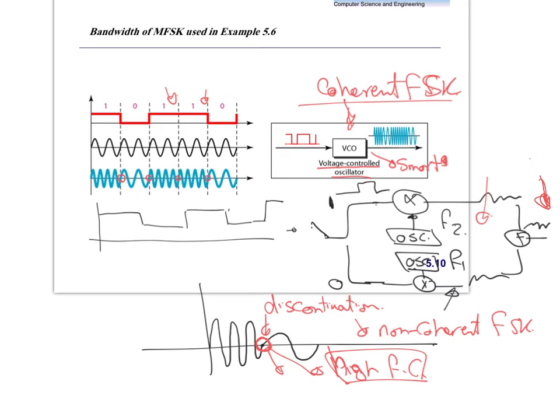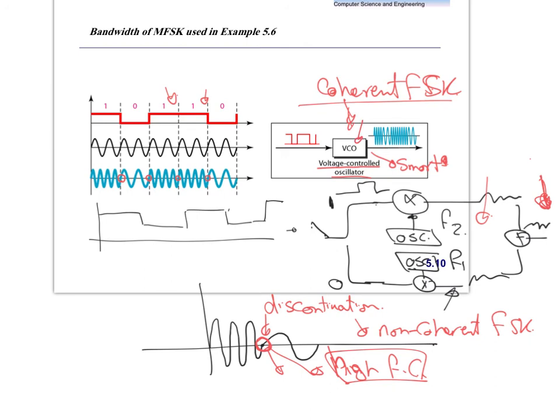So the voltage controlled oscillator is actually a smart circuit that tries to create that continuation, that smoothness in the FSK signal in such a way that it doesn't need any filter at the output of this circuit. Or in other words, you can assume that this filter is already embedded inside the voltage controlled oscillator.